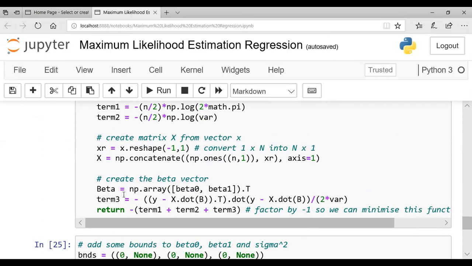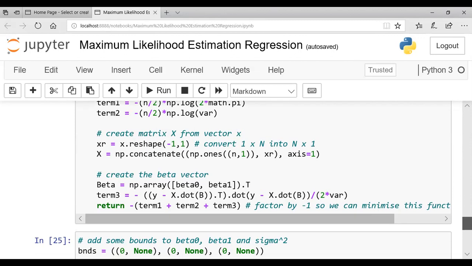The beta vector you are creating, and you are creating its transpose. Then you are creating term 3, that is y minus xb transpose dot y minus xb divided by twice the variance, and then you are returning term 1 plus term 2 plus term 3.